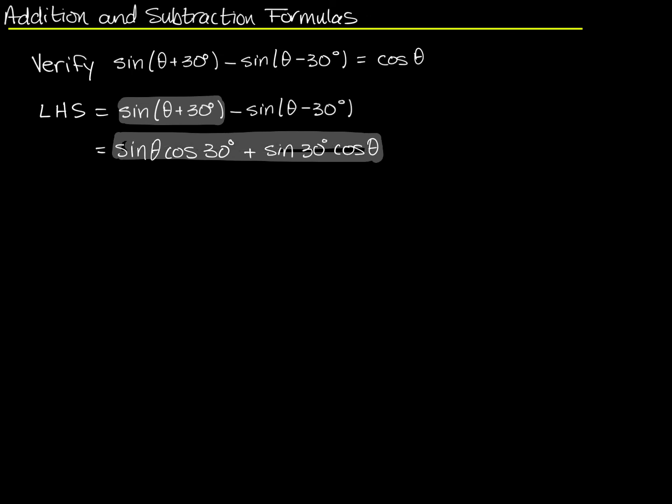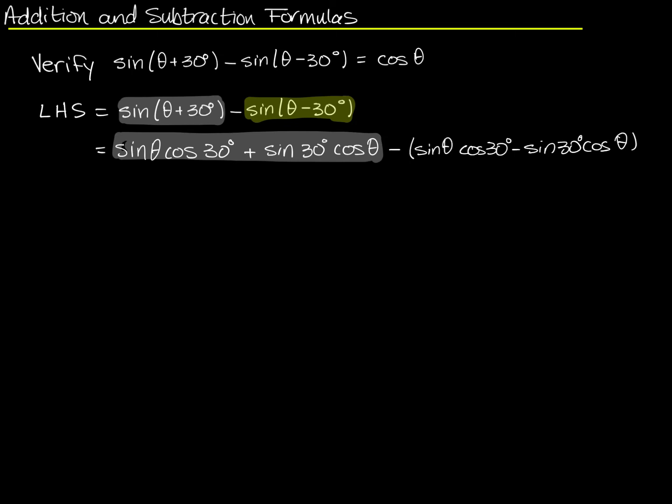Now I'll do the same thing for the second term. The sine of theta minus 30 can be written as the sine of theta times the cosine of 30 degrees minus the sine of 30 degrees times the cosine of theta.